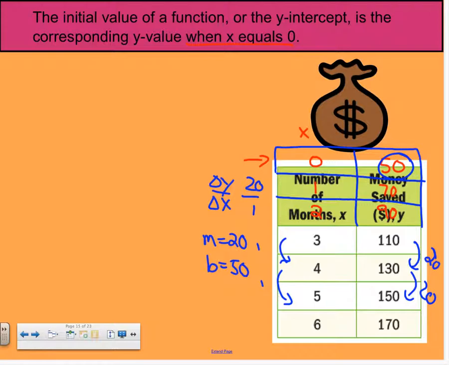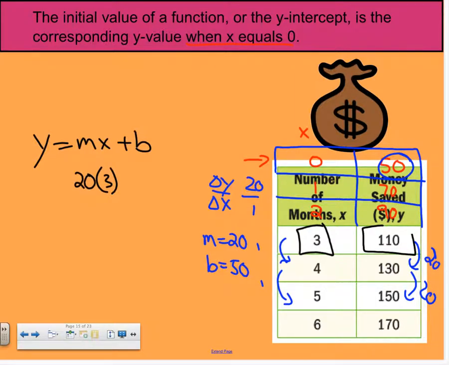Well, as we did in the previous problem, we could take y equals mx plus b and substitute in what we know. We know the slope is 20. Over here in the table, I can choose a value for x, 3, and put it here. And I can choose the corresponding value for y, which would be 110, and put it here. And then I could simply solve the problem. I know that 20 times 3 is 60.